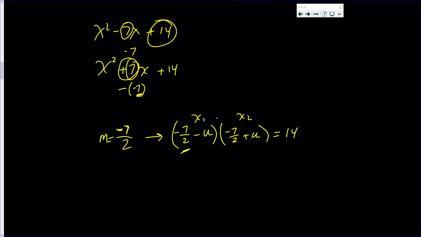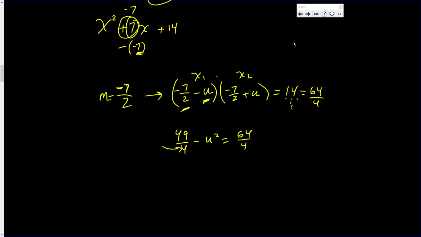So when you square that number, you get 49 over 4 minus u squared, and wanting a 4 on the bottom, I'll multiply the top by 4 and the understood 1 by 4. So think of this as 64 over 4. You bring that over, you get negative 15 over 4 is equal to u squared.